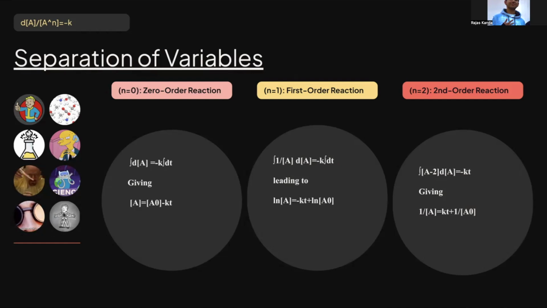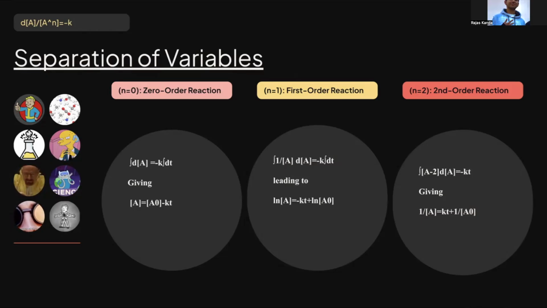The form of the integral depends on the reaction order n. So for n equals 0, which is a zero order reaction, we would have the integral of dA equals negative k integral dt, giving us A equals A initial minus kt.